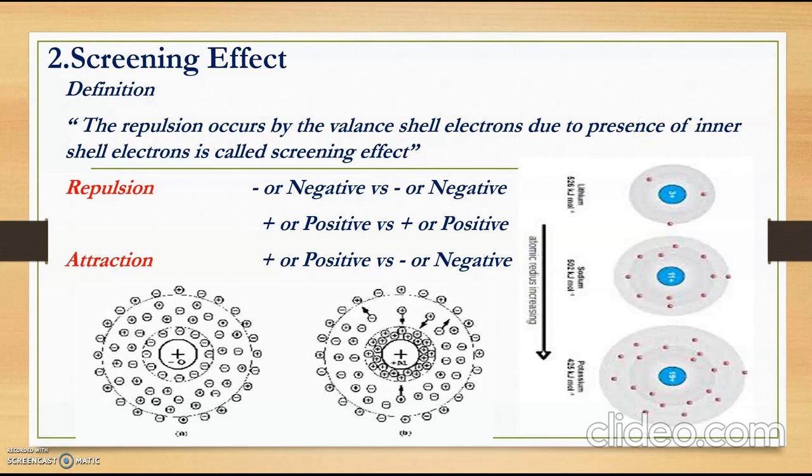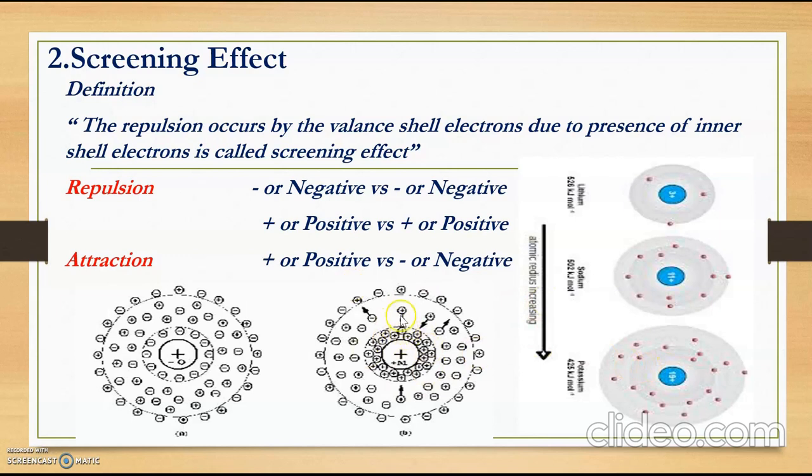The more the number of shells, the stronger the screening effect, since every time a new shell is added, this effect becomes stronger and contributes to an increase in repulsive force between the nucleus and the outermost shell electron, hence less attraction between them.